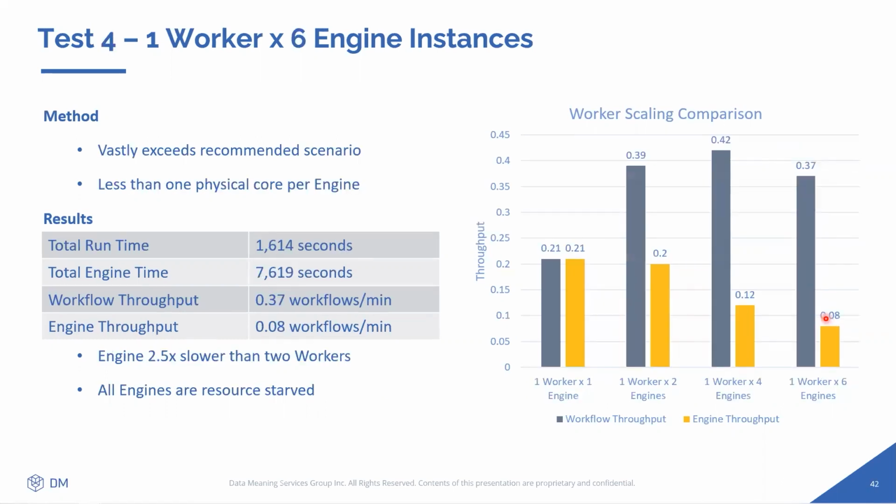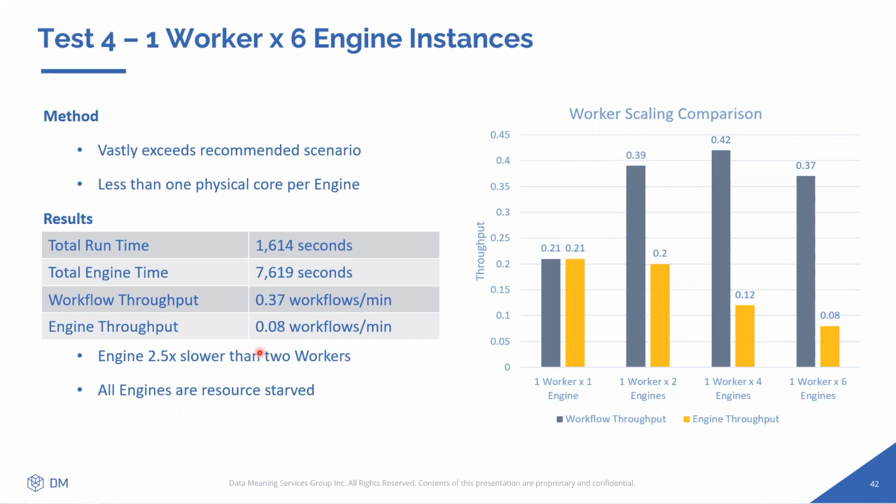Let's add more. And as you can see here, it actually starts to run slower, both for the engines and the worker. And you can see that all engines are resource starved. Engines are much slower than with 2 workers.